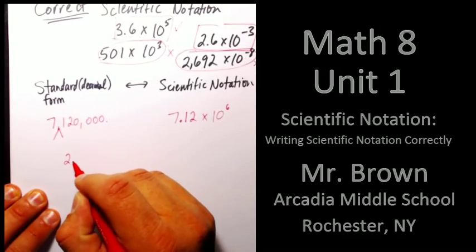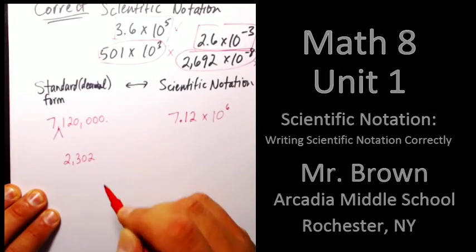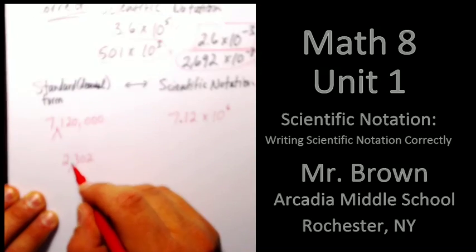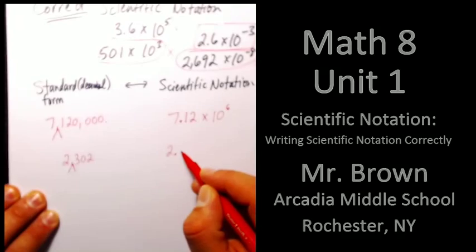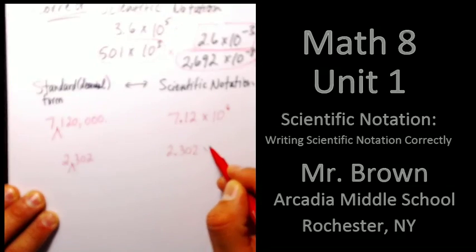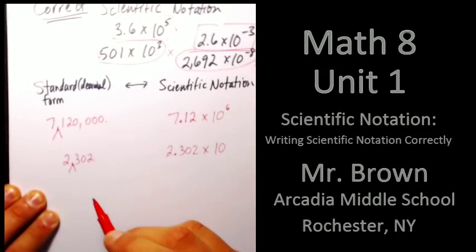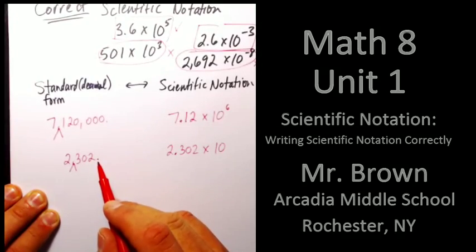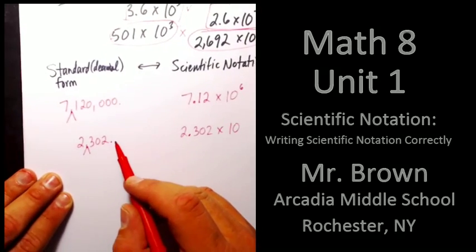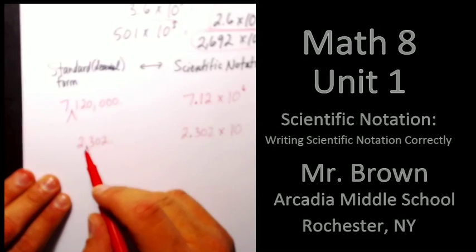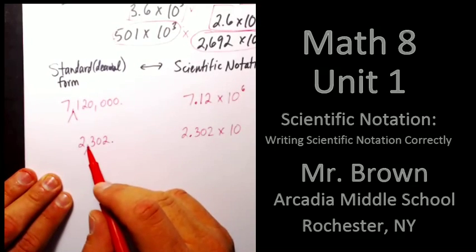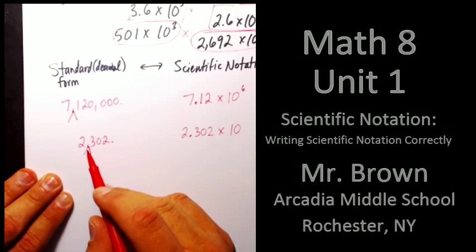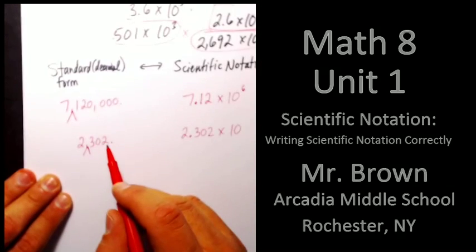This right here, 2,302, to show you that you don't just drop any zero, this would have to become 2.302 times 10. Now since this is a whole number, the decimal's at the end. If the decimal does not appear, you place it at the rear. So this caret here, where the decimal should be in scientific notation, would have to shift to the end, 3 places.